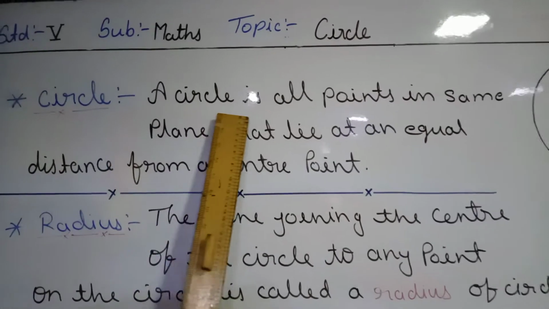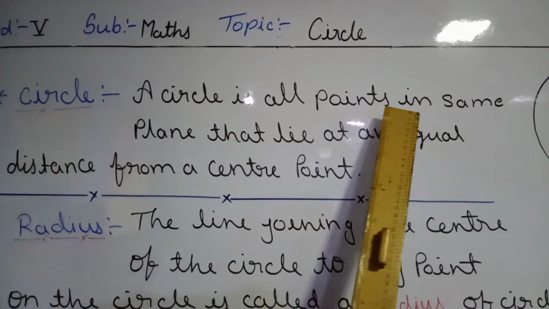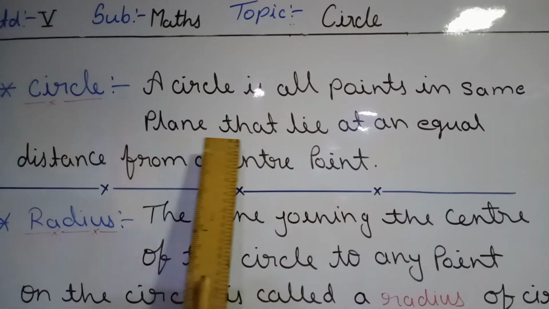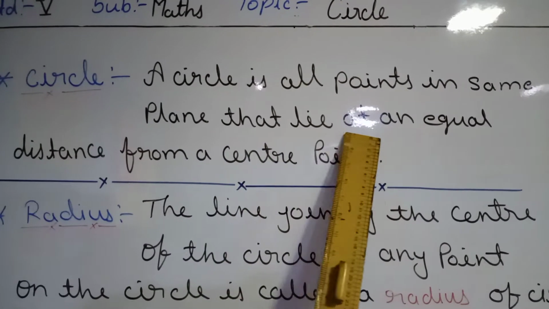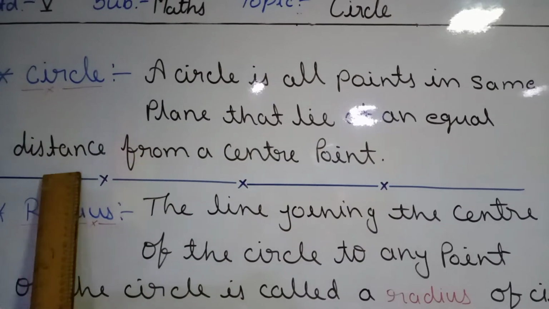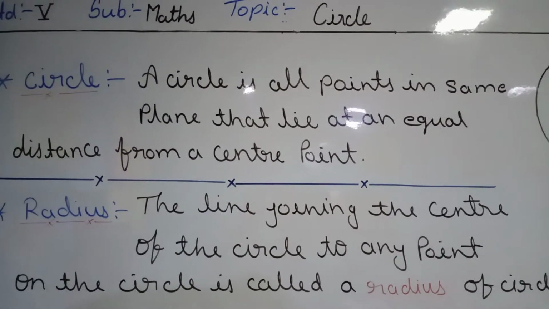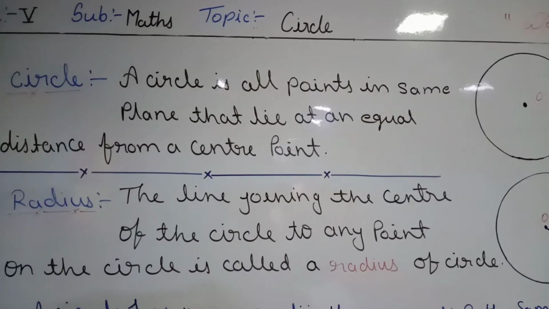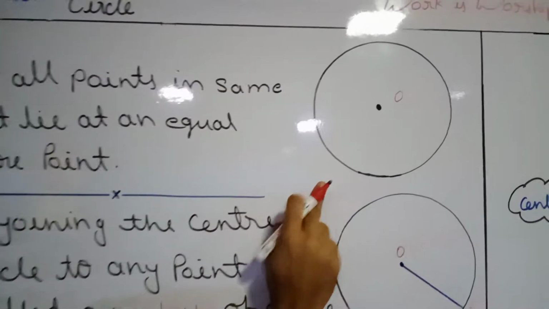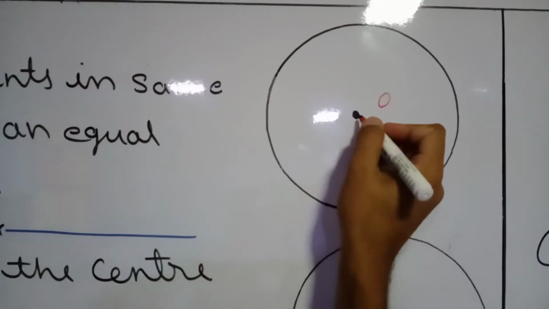A circle is all points in the same plane that lie at an equal distance from a center point. That is called a circle. If you can see, here we have a diagram of a circle. Here we have the center.